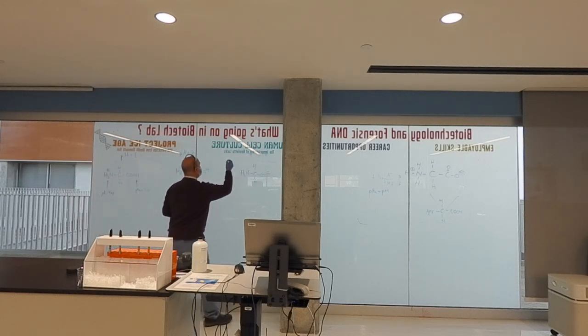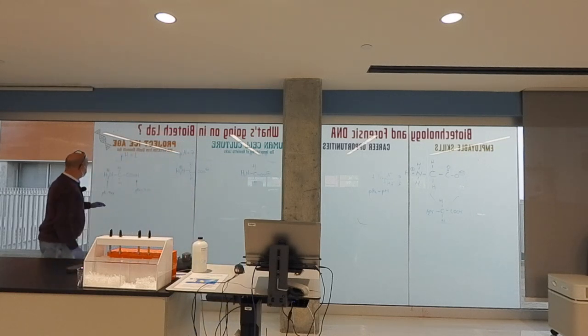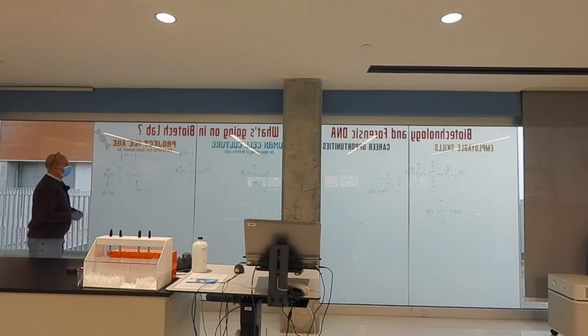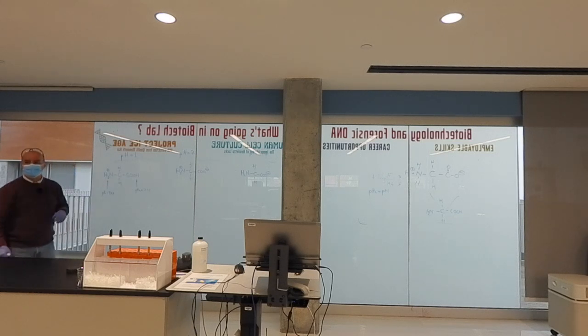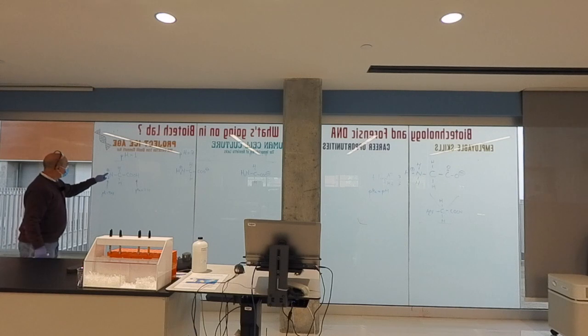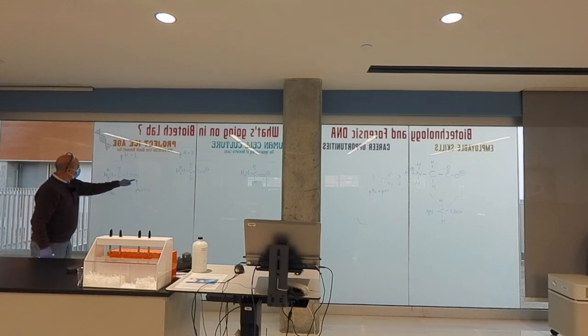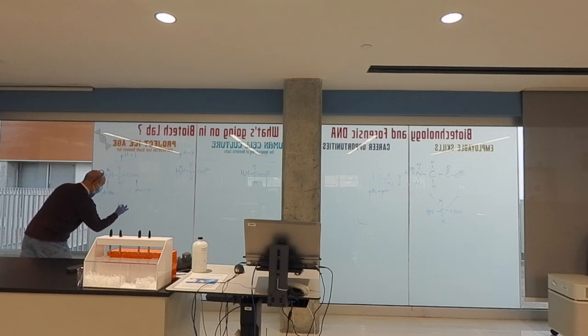And let's also do something about charges. At a pH of 1, this is the way the molecule looks like. Protonated in the amino group, protonated on the carboxyl group. But what is the charge of this molecule? If we add charges, +1, and that's it. So the charge of this molecule is +1.